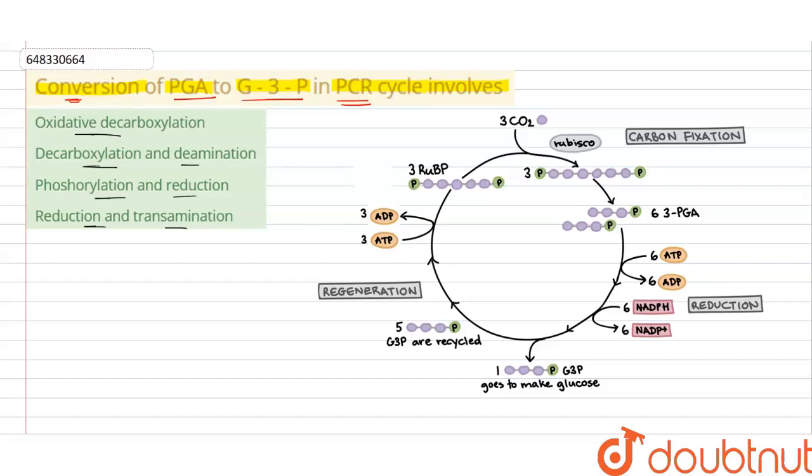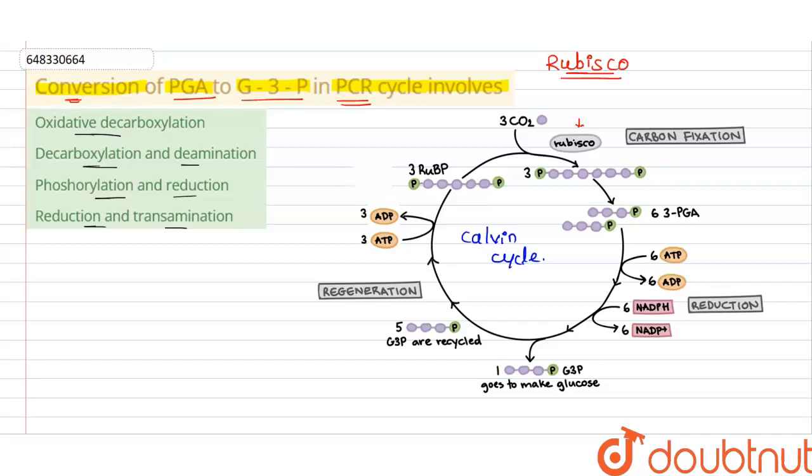Next, here you can see the Calvin cycle, and in this cycle there are some steps involved. The most important one here is ribulose 1,5-bisphosphate carboxylase oxygenase, which is called rubisco.